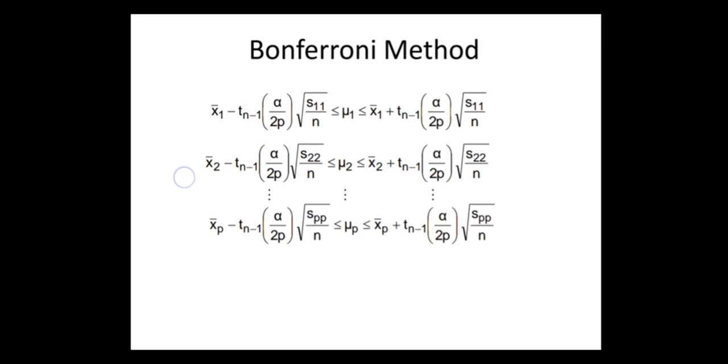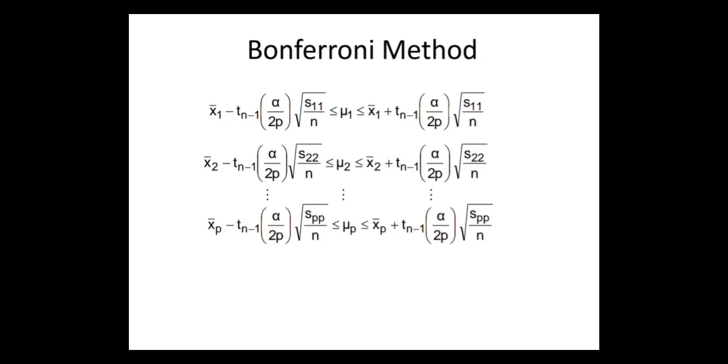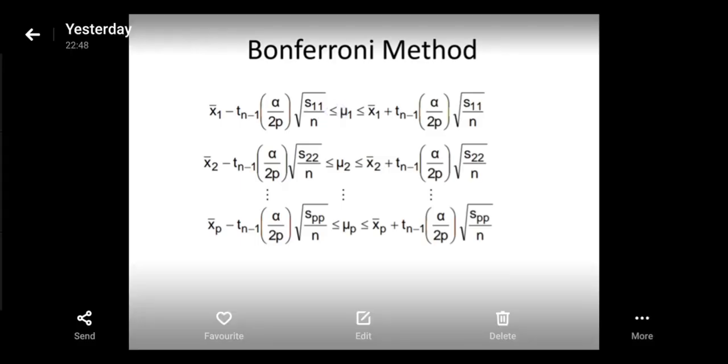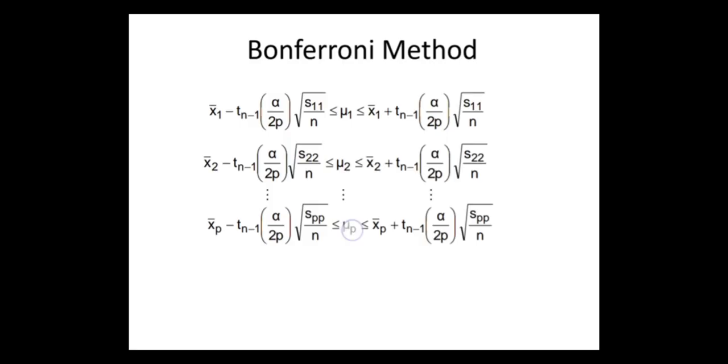We use the Bonferroni method also to find the confidence interval for the population mean, mu1, mu2 until mu p. But for simultaneous T-square interval tadi, we use the distribution of F here, right? But for Bonferroni, we use the distribution of t.